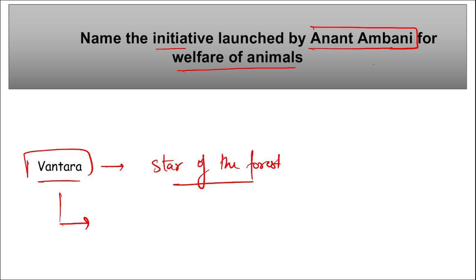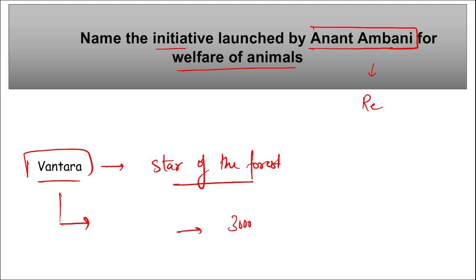This initiative was launched by Anant Ambani, who is a director on the board of Reliance Industries Limited, or we can say it was launched by Reliance Foundation. Remember, this is a first of its kind initiative in India, and the aim is to construct the world's largest animal rescue and rehabilitation center.